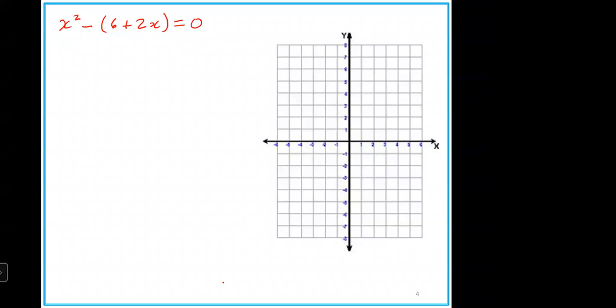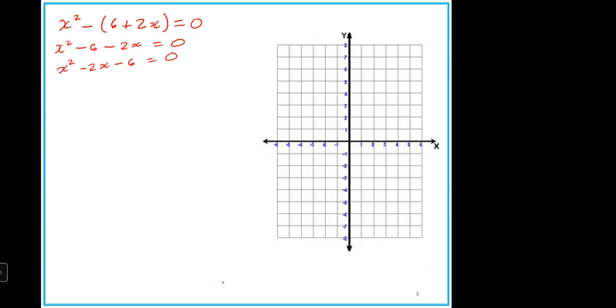First we have to rewrite this without the brackets in standard form for the quadratic equation. So x squared minus 6 minus 2x equals 0, or x squared minus 2x minus 6 equals 0.